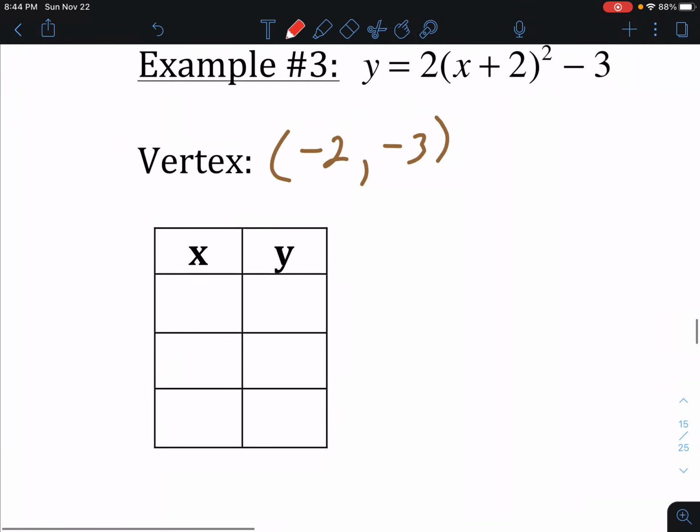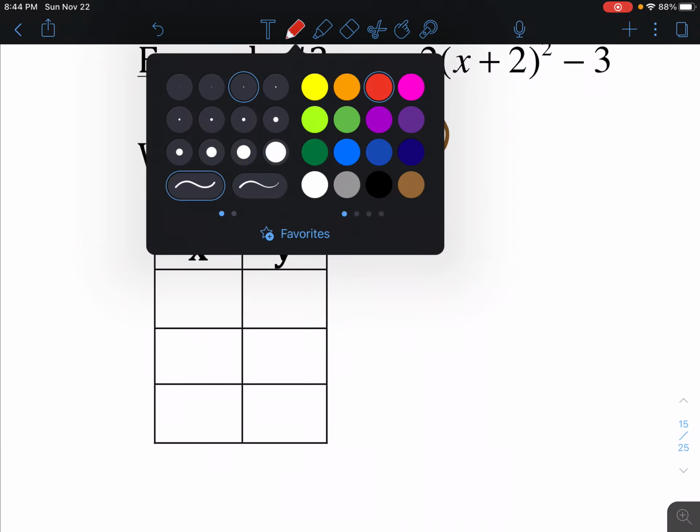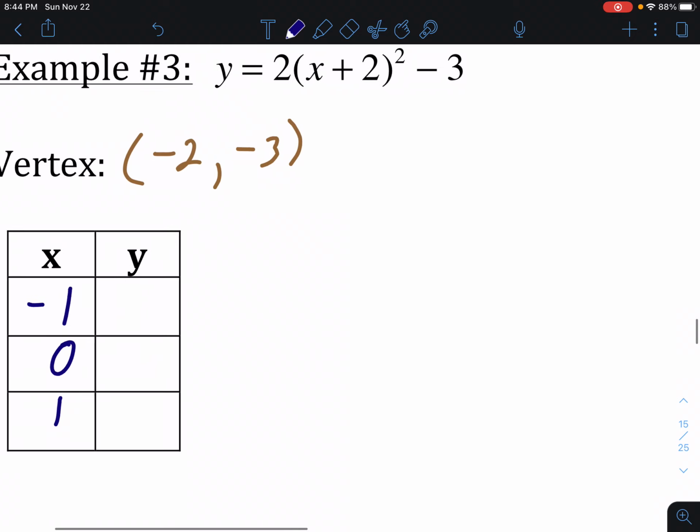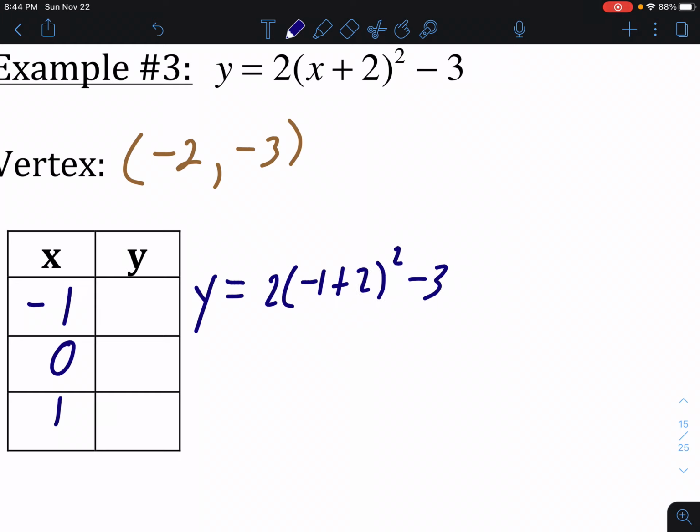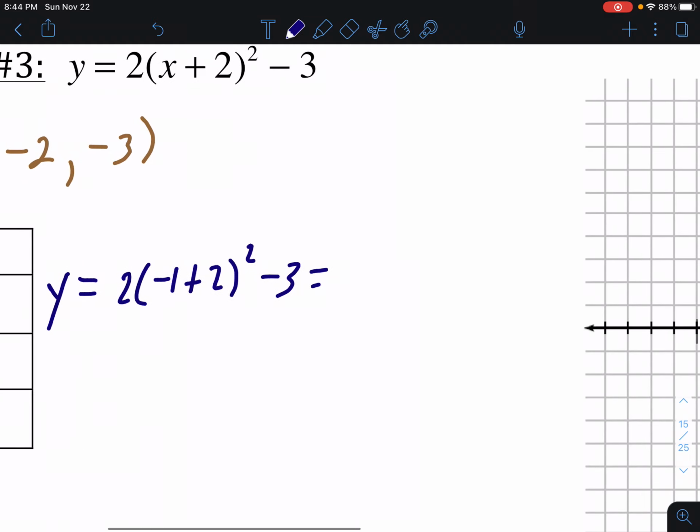Now the table of values, what would come after negative 2? Let's say negative 1, 0, 1. Now we're going to use the formula and plug in negative 1 for the x. Order of operations: parentheses.